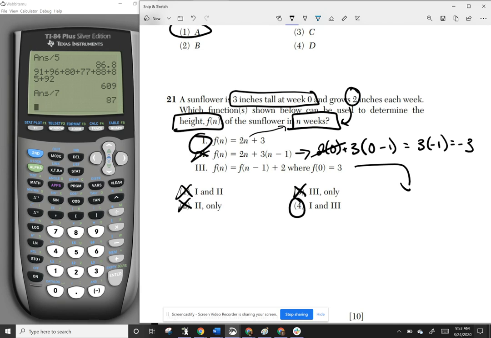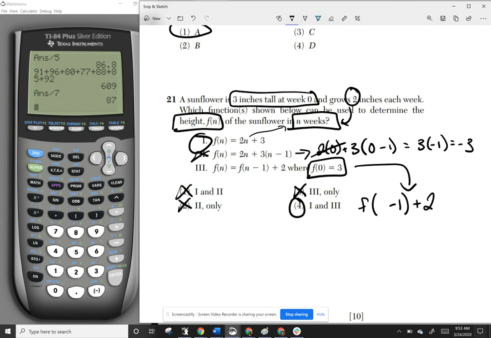Right, but we can just check 3 just to make sure. So we have f of 0 minus 1 plus 2. Well, sorry, we don't actually have to even do 0 yet, because it's telling us that f of 0 is 3.